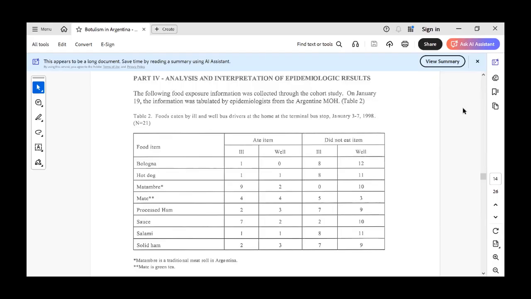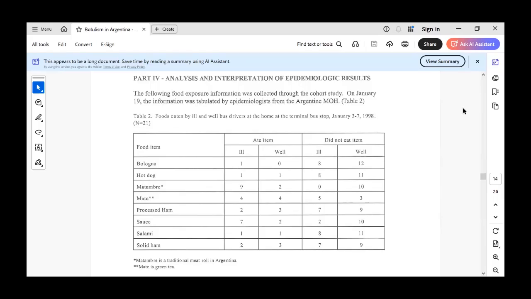So 2.5. Everybody agrees? Yes, Doc. You have to know how to calculate this for your exam, so pay keen attention.